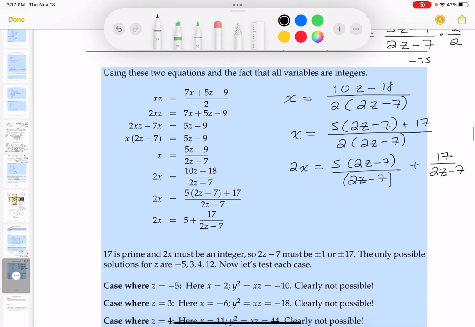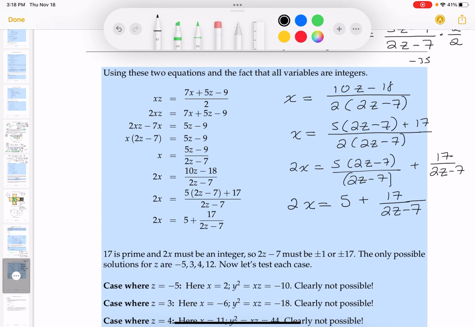Well, I got something that might be easier for me to look at. I got an integer 5. And then what do I get? I get 17 over 2z minus 7. All right, I still got trouble.